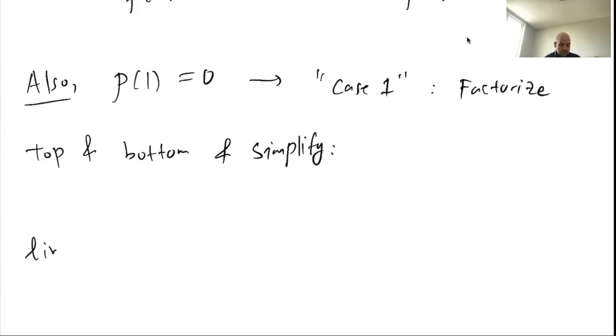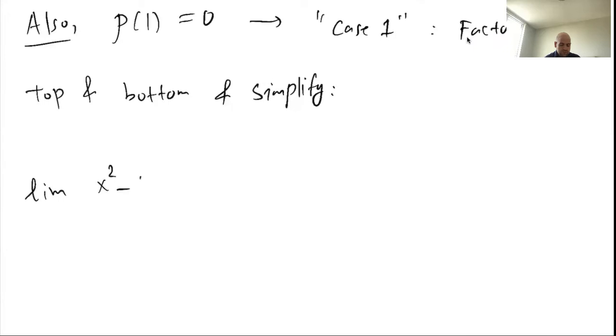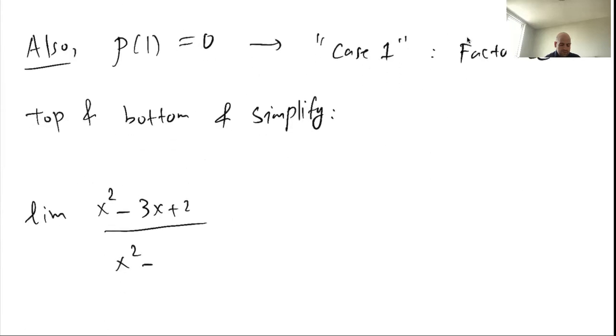So we get the limit of x squared minus 3x plus 2 divided by x squared minus 7x plus 6.